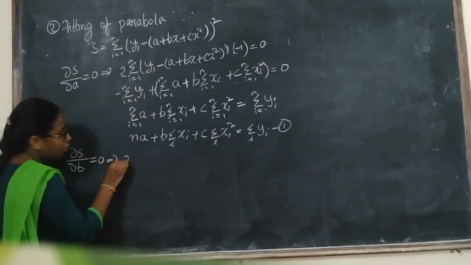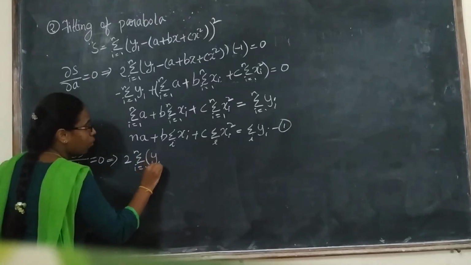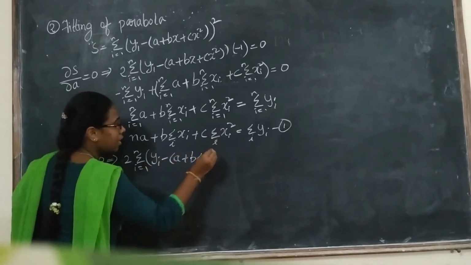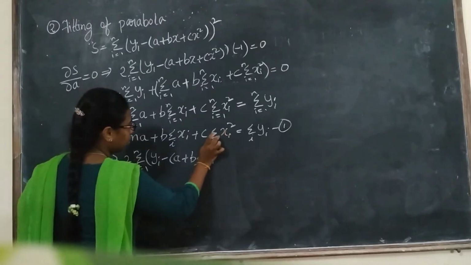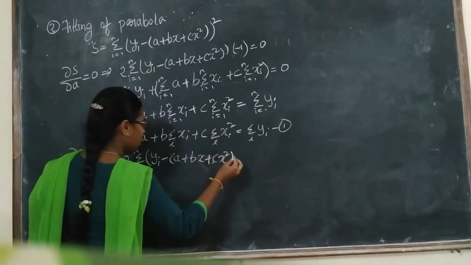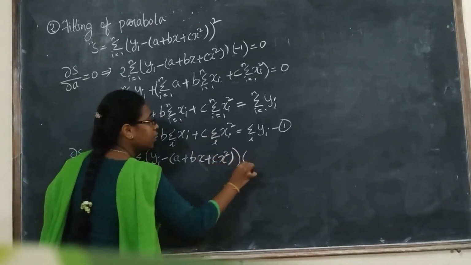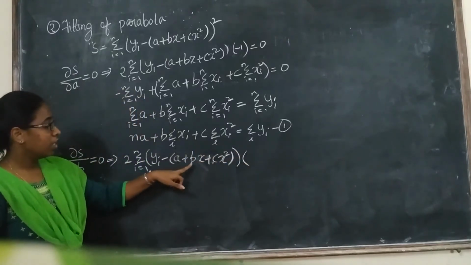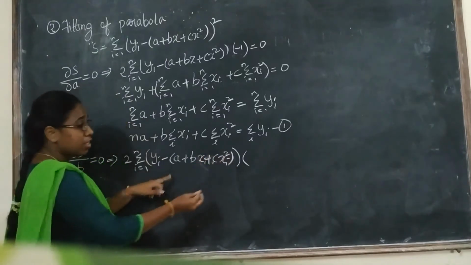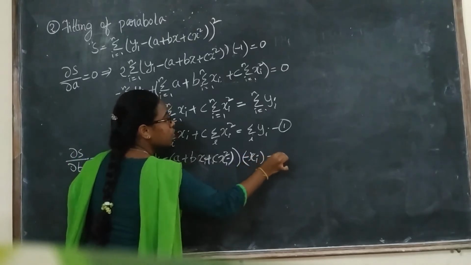So you will get 2 into summation i equals 1 to n, yi minus (a plus bx plus cx square), into, now inner differentiation, the coefficient of b is minus xi. So you will multiply with minus xi equals to 0.